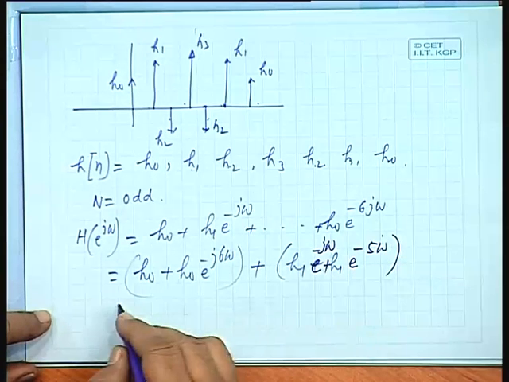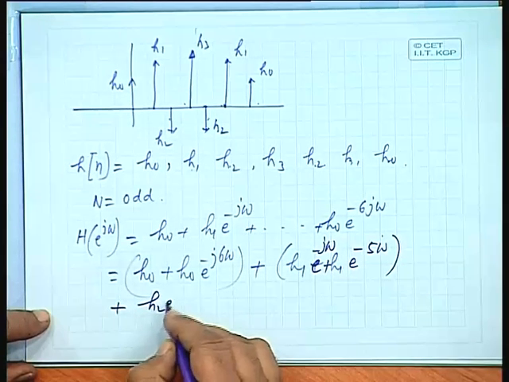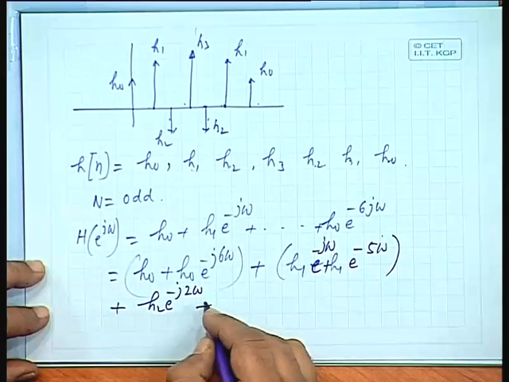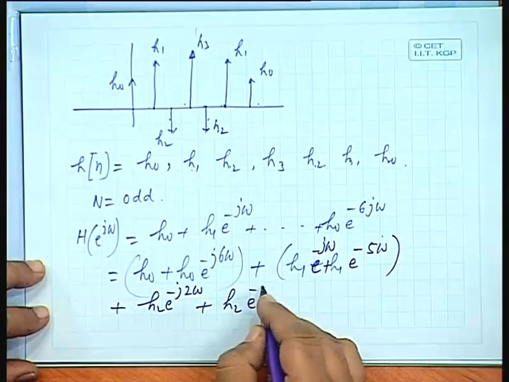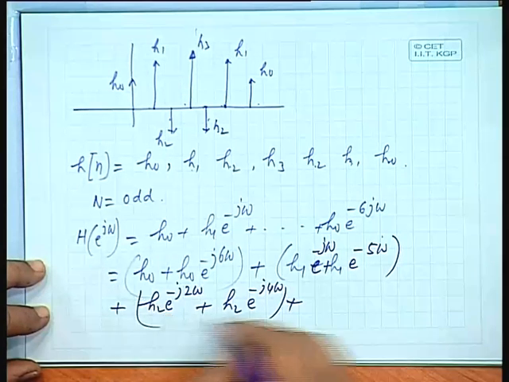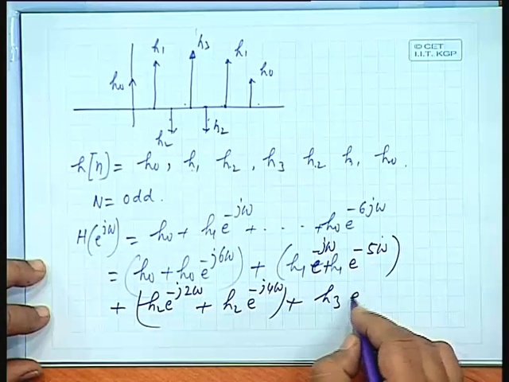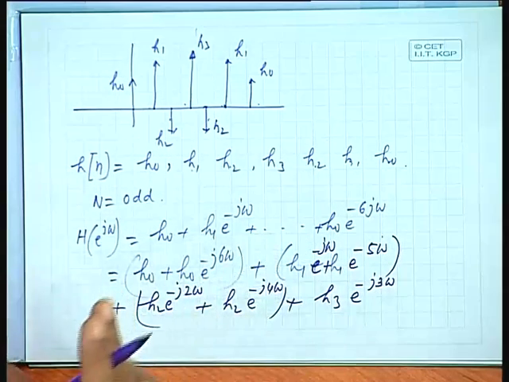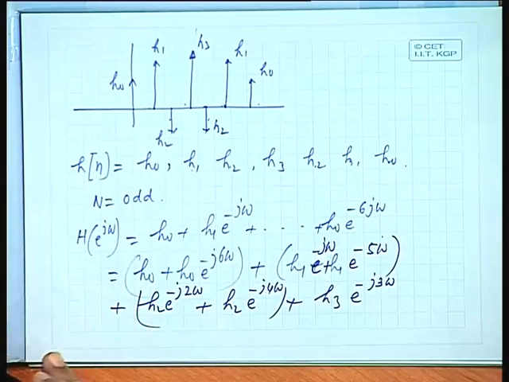Is that all right? Plus h2 e to the power minus j 2 omega plus h2 e to the power minus j 4 omega. Okay. Plus h3 e to the power minus j 3 omega. All right. Now, you add these two together.